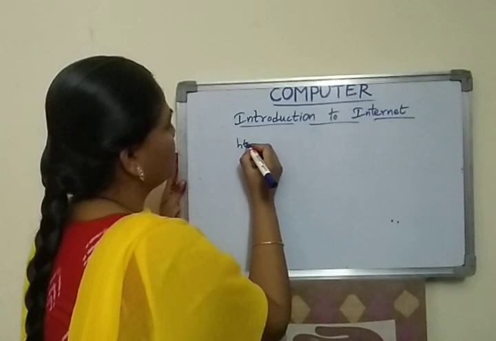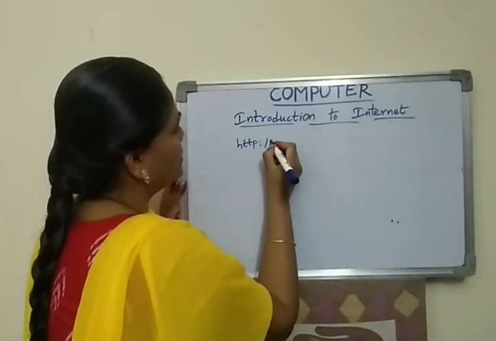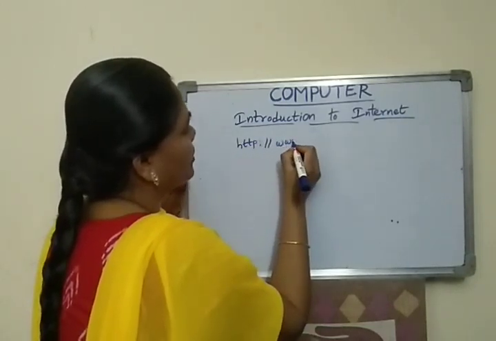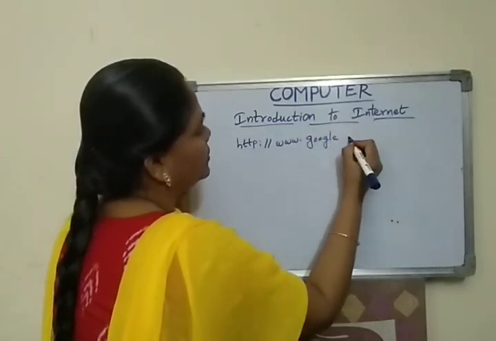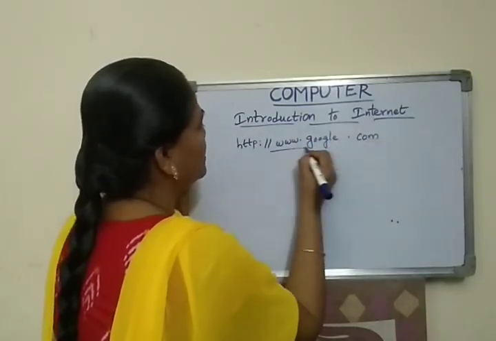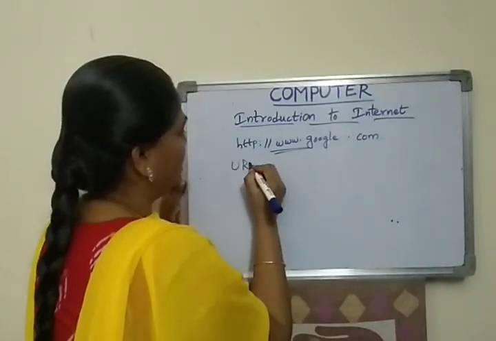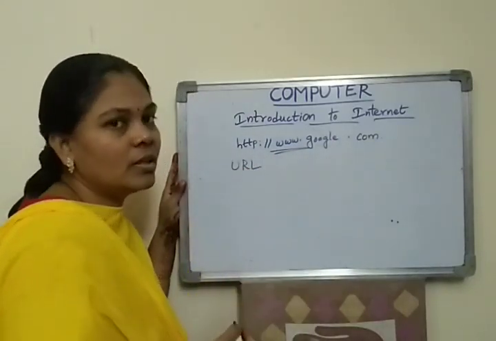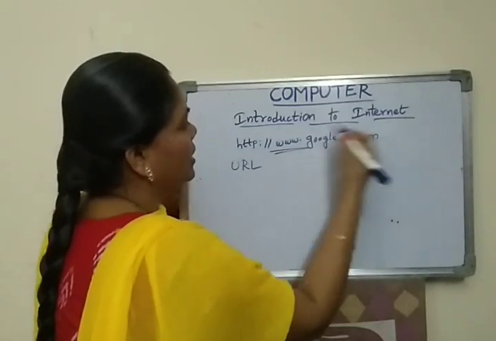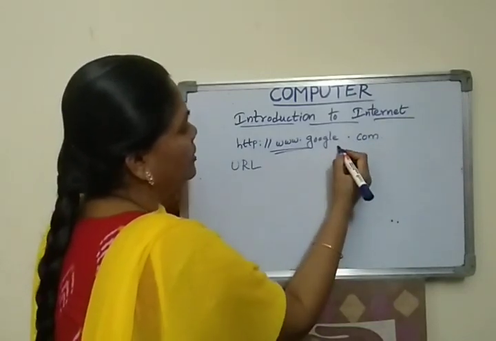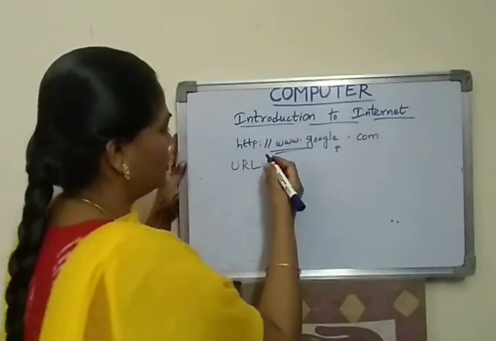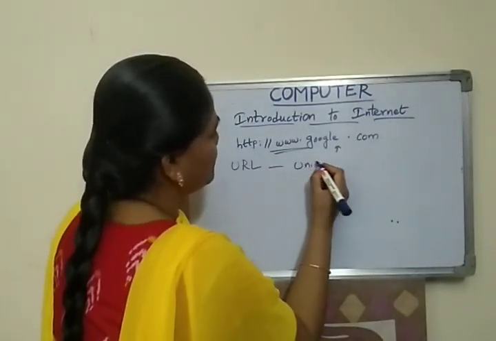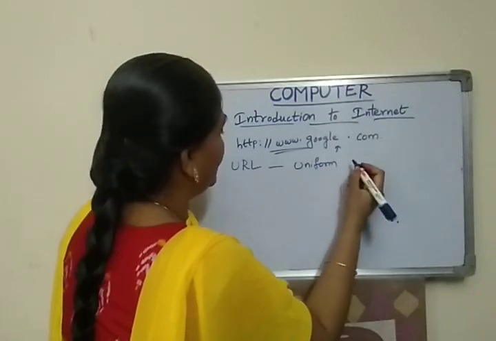How will we give? http://www.google.com, isn't it? So this is the URL, the path. If you want to share this link, you can just share it. It will be highlighted in blue color. When they click on this, the link will be opened. URL means Uniform Resource Locator.